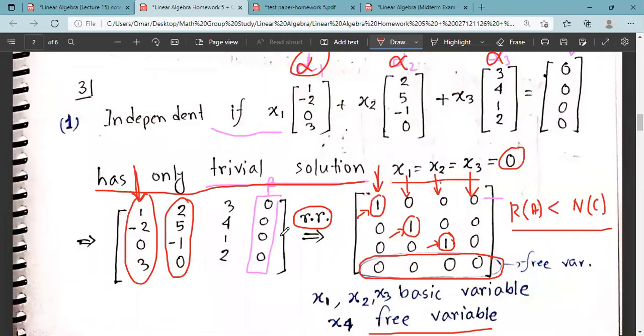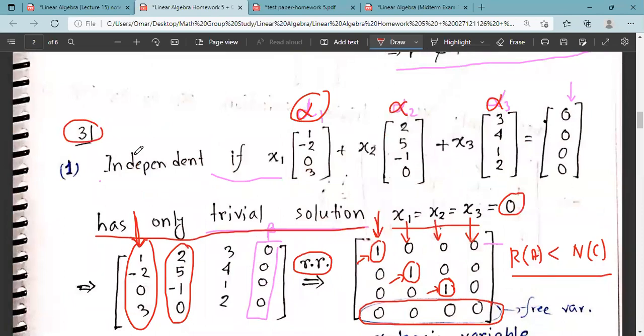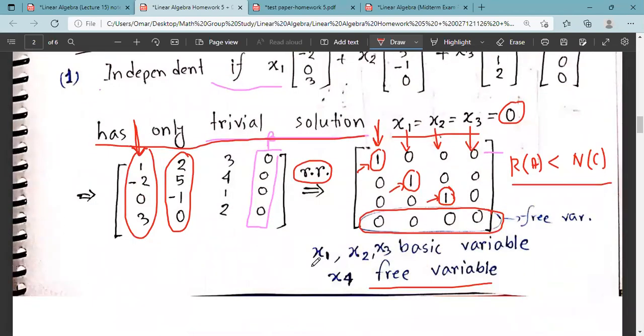If you look at the third question, I have written x1, x2, and x3 are basic variables, and x4 is a free variable. So you have to see the basic variables and free variables.